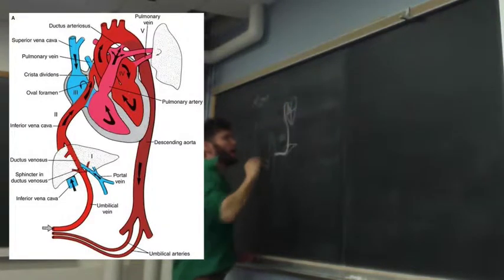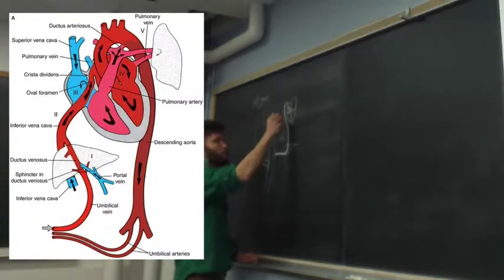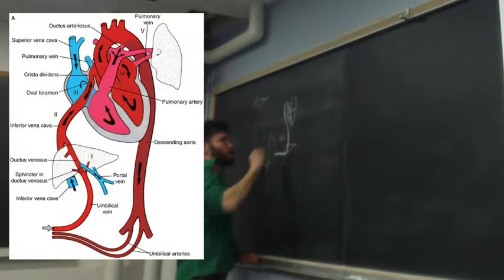Then what normally would happen? What would normally happen to blood that comes to the right atrium? Yeah. The right ventricle, then the lungs.